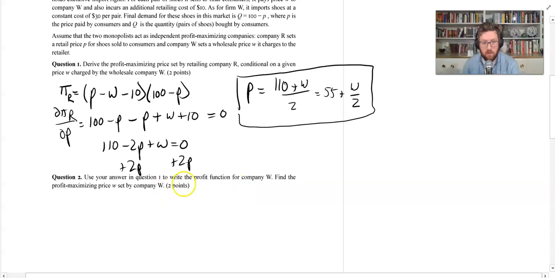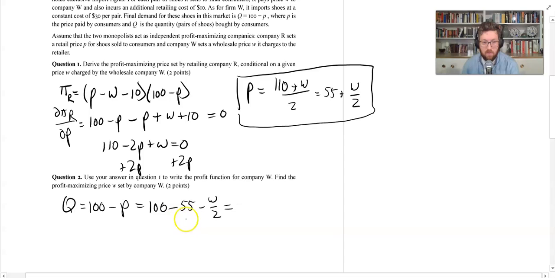Use your answer in question 1 to write the profit function for company W. Find the profit maximizing price W set by company W. All right, so what I would do here is think, how many shoes are going to be sold at this price? The number of shoes is 100 minus P, and instead of P, we can write 55 plus W over 2.